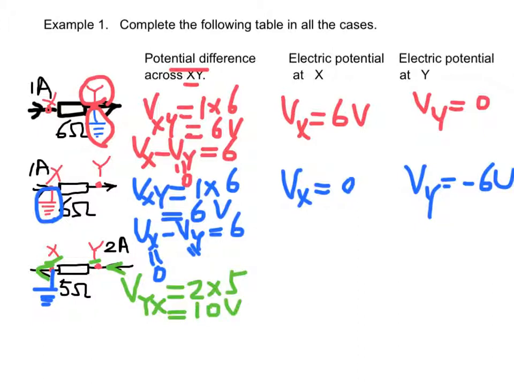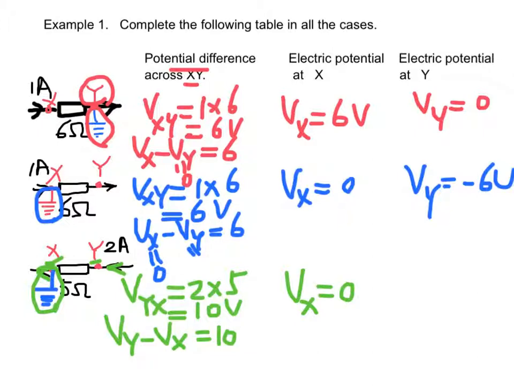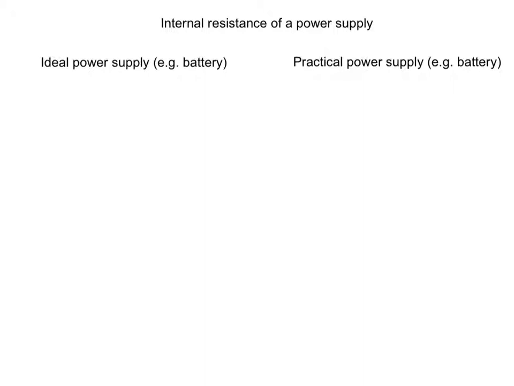In this case, we have potential at Y minus potential at X equal to 10 volts. Since point X is earthed, that means potential at X becomes 0. Therefore, potential at Y equal to 10 volt.